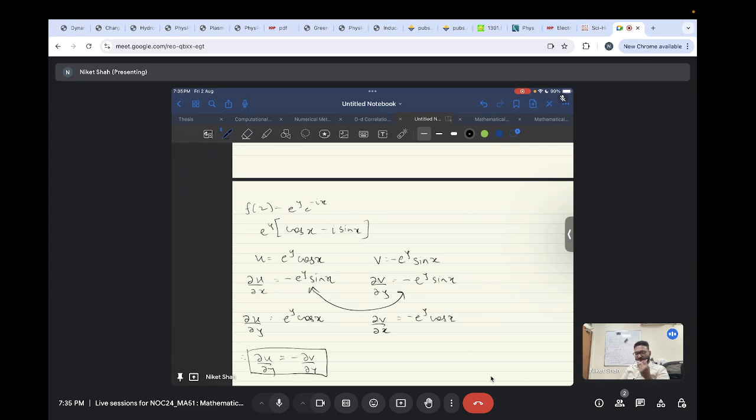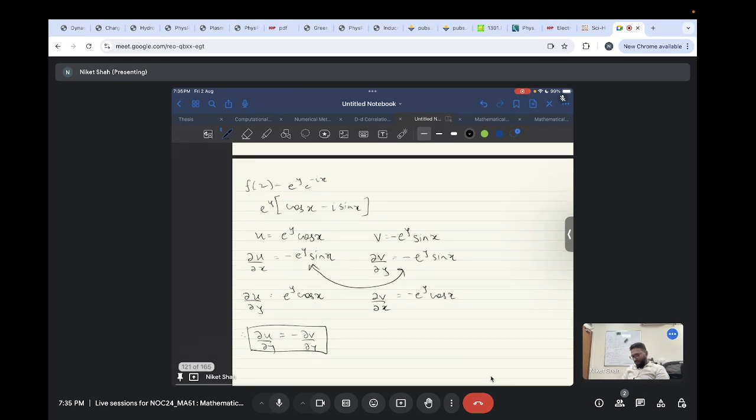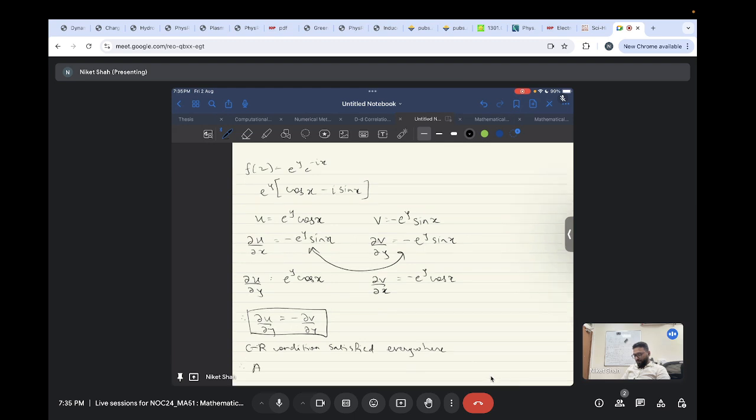It is the negative counterpart, right? So basically, CR conditions are satisfied everywhere. Therefore, function is analytic.